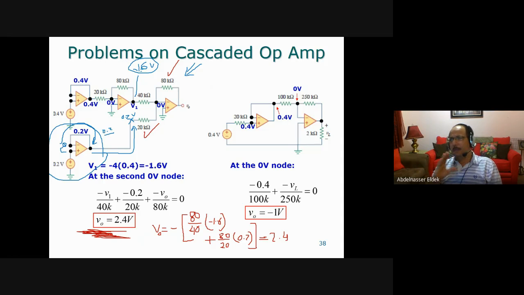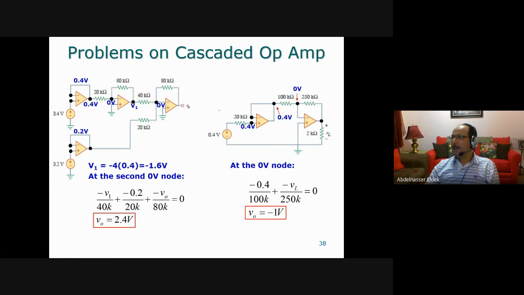Just try to solve step by step, stage by stage. So, for example, the second one here, this voltage is 0.4. I know this. And you do not have current here because this is the input current. The input current is 0. You don't have current here because this is the input of the operational amplifier. Since you don't have current, you don't have voltage. Then this point is also 0.4.